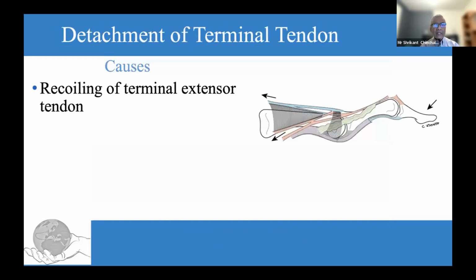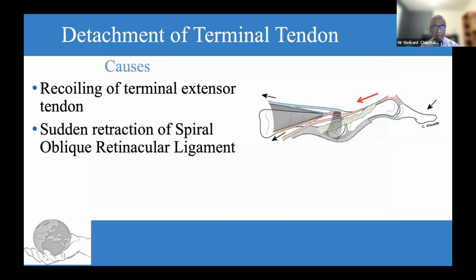It has been shown that detachment of the terminal tendon causes recoiling of the terminal extensor tendon. In addition, the spiral oblique retinacular ligament also attaches at the distal phalanx, just adjacent to the terminal tendon.